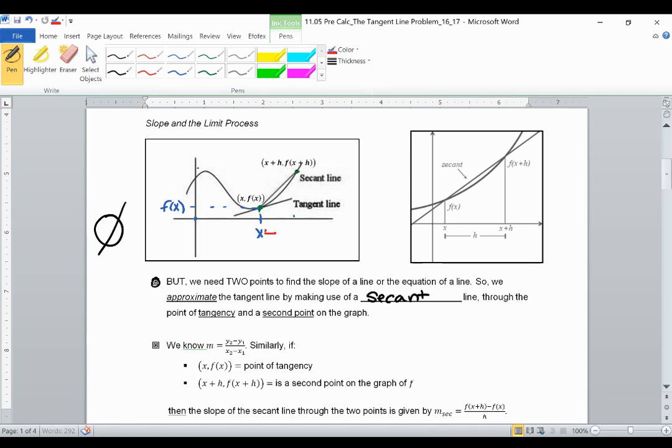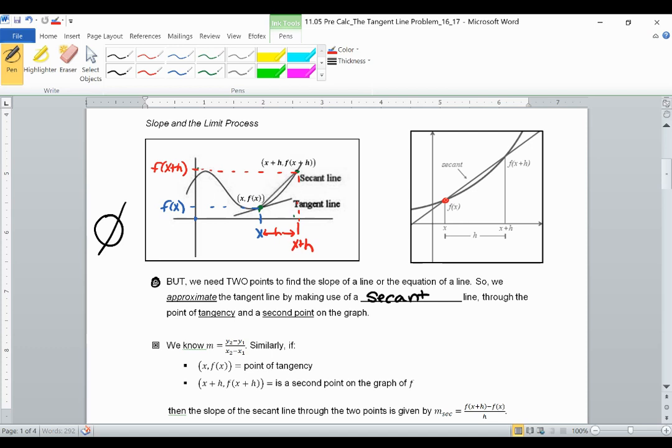We're going to call that amount h. So this new x value is going to be x plus h. The y value is going to be whatever our function is at x plus h. You can see that over here again.